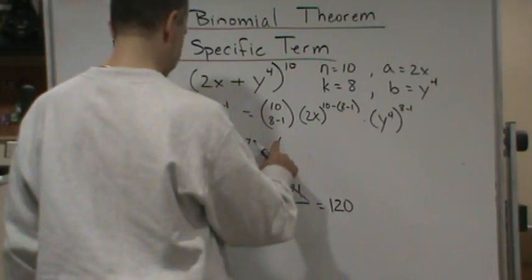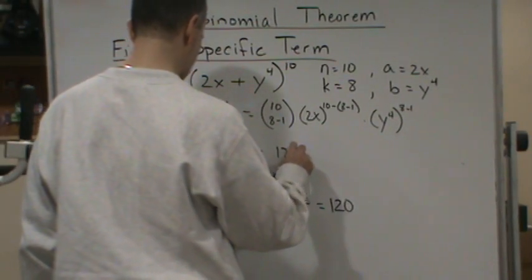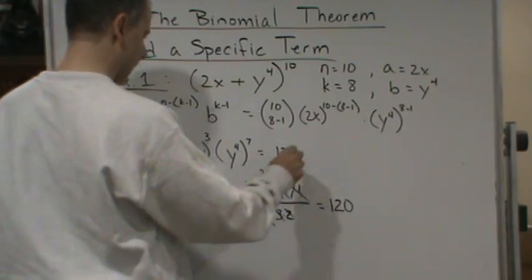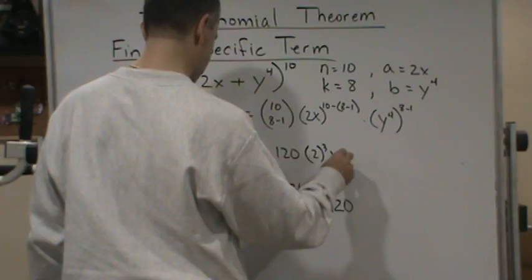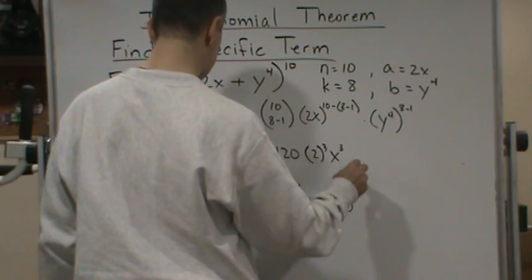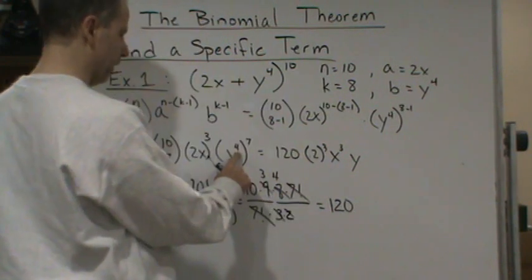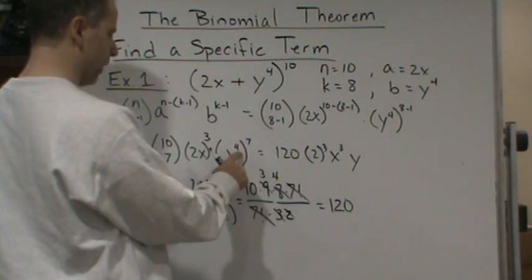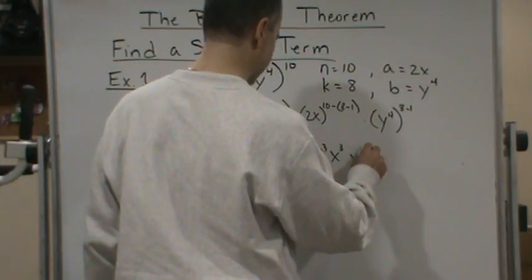So this is going to give us 120 times 2 cubed times x cubed times y to, now here we have a power to a power, so the property of exponents says we multiply these, so this is going to give us 28.